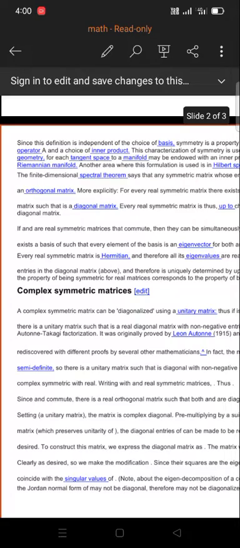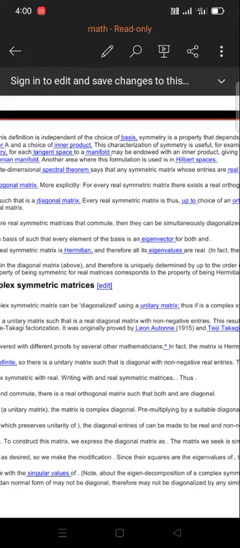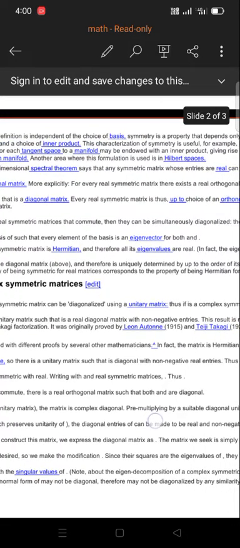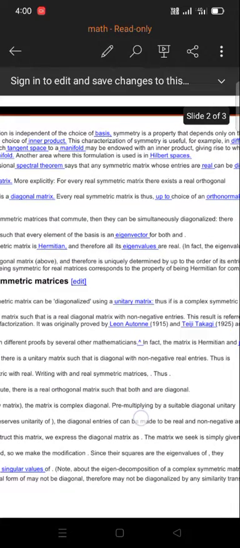There exists a basis of R^n such that every element of the basis is an eigenvector for both A and B. Every real symmetric matrix is Hermitian, and therefore all its eigenvalues are real.